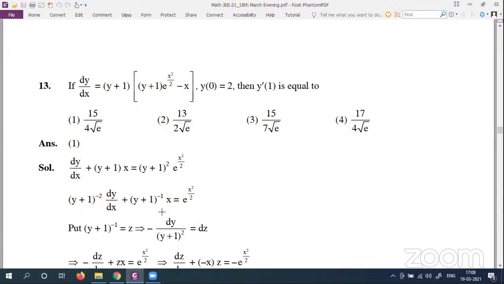Now to convert it to linear form, let us substitute y plus 1 whole power minus 1 as some other term z. So substituting this term as z and differentiating, the derivative of this will be in this form, it will become dz.